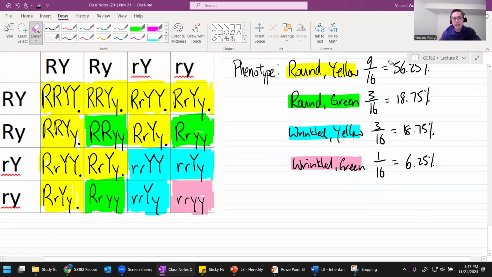Now, if you set this up as a ratio, you will get 9:3:3:1. Okay, so this is important. You don't want to be doing this chart all the time on the test. Right? So this next part is important.